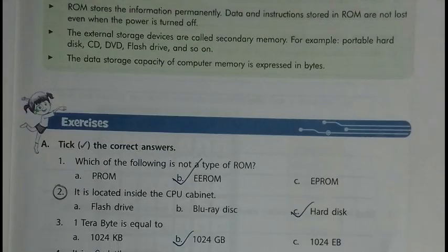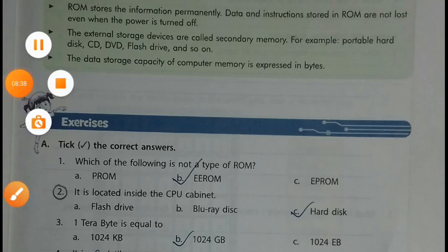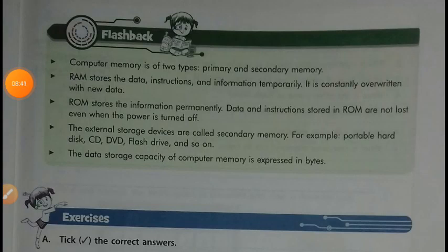Sorry students, wait a second. Now look at the flashback. Third, ROM stores the information permanently. Data and instructions stored in ROM are not lost even when the power is turned off.